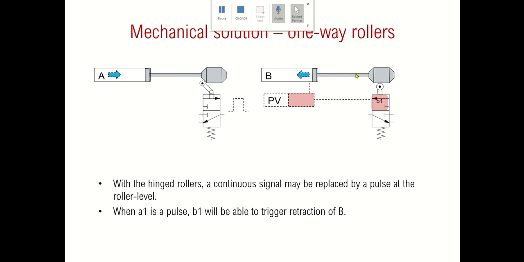Now once B completes its own extension, it will also create a signal, and if we feed this signal back to the same power valve asking it to retract the cylinder, it is now possible because there is no opposing signal in this part. Now I can show you this in Automation Studio, that way it becomes even more real.